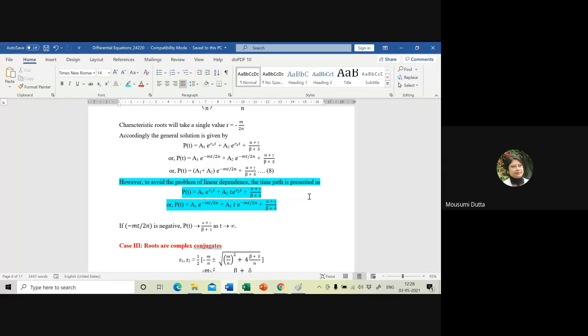Yes, 15, 16, then 17, I think, is the first order difference equation, isn't it? Yes, ma'am. Yes, 17 and 18, yes. 15 to 18.